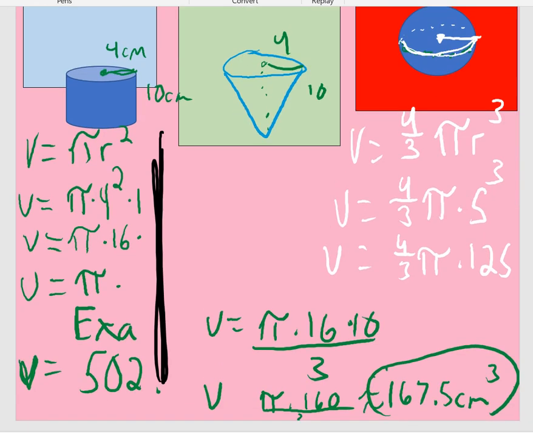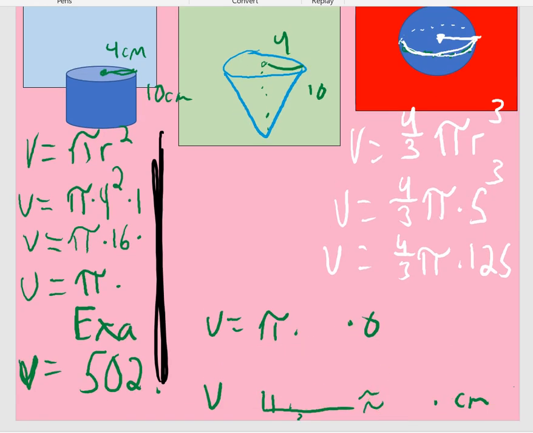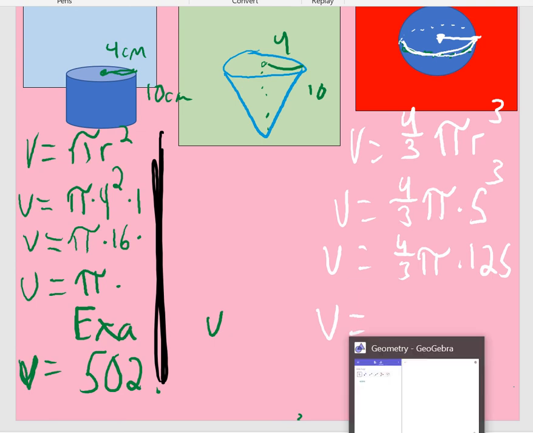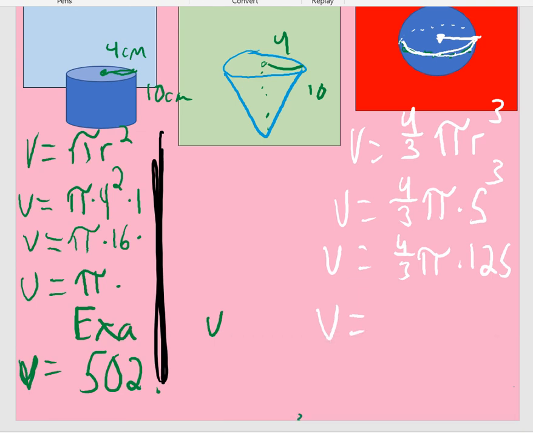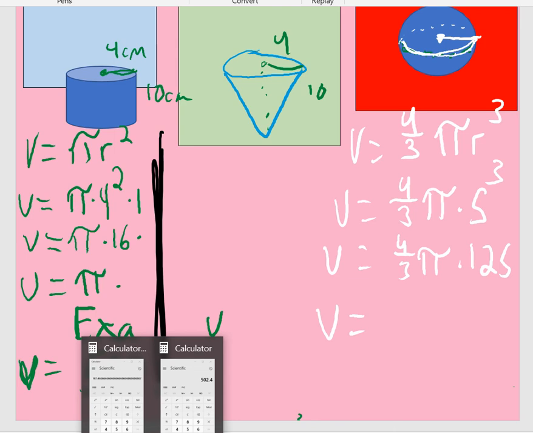Now, at this point, you can put all of this in the calculator at the same time. 4 divided by 3 times pi times 125. 4/3, I believe, is 1.33333 repeating.